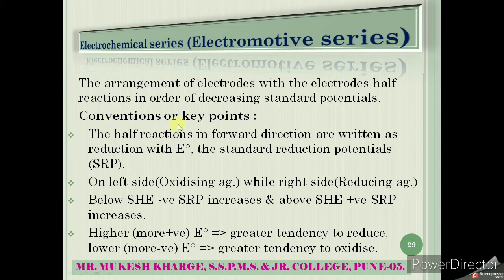So there are some points or conventions. First, the half reactions are written as reduction reactions, in the forward direction, and along with that half reaction, the E0 value, which is the standard reduction potential, is mentioned.